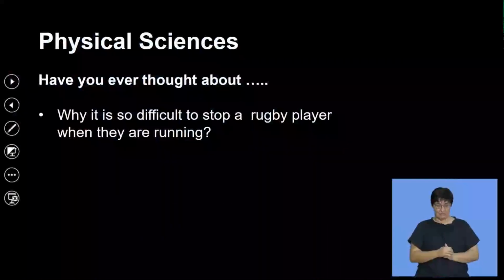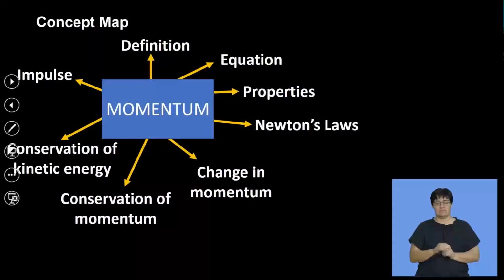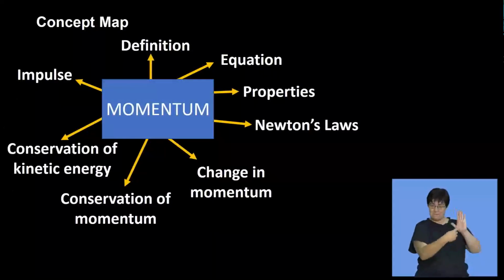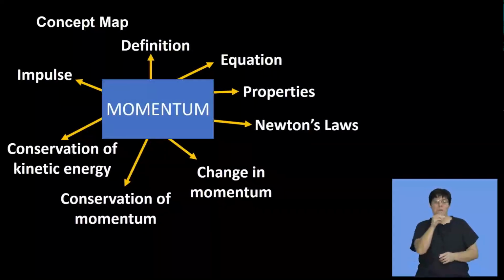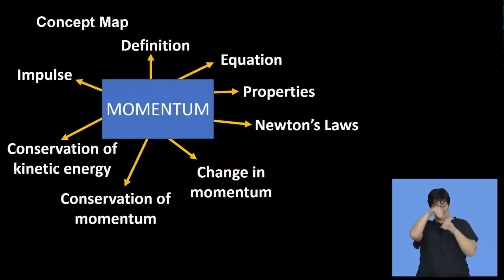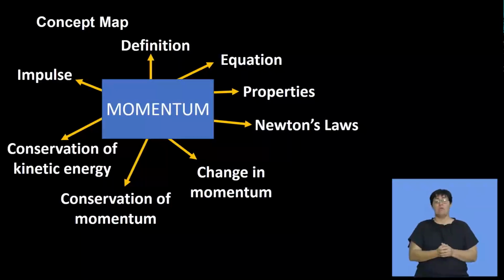So this is what we're going to look at through this section, okay? We're going to look at the definition of momentum. We're going to look at the equation, because it's calculations. We're going to look at the properties. We're going to do Newton's laws in terms of momentum. We're going to look at how we change momentum, what the consequences of that are. We're going to look at conservation of momentum.